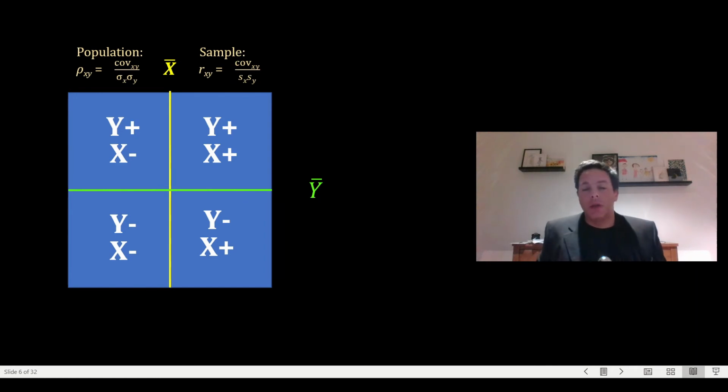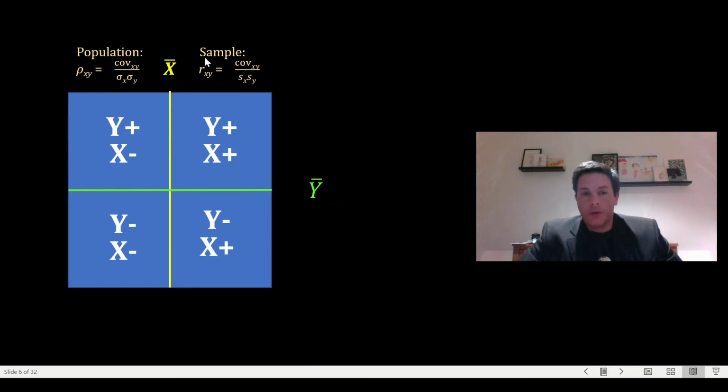In terms of the calculation, we've got the calculation in the population and the calculation in the sample. In the population, the correlation coefficient would be rho, the Greek letter rho, and it's calculated as the covariance of x and y in that population, divided by the product of the standard deviation of x and the standard deviation of y.